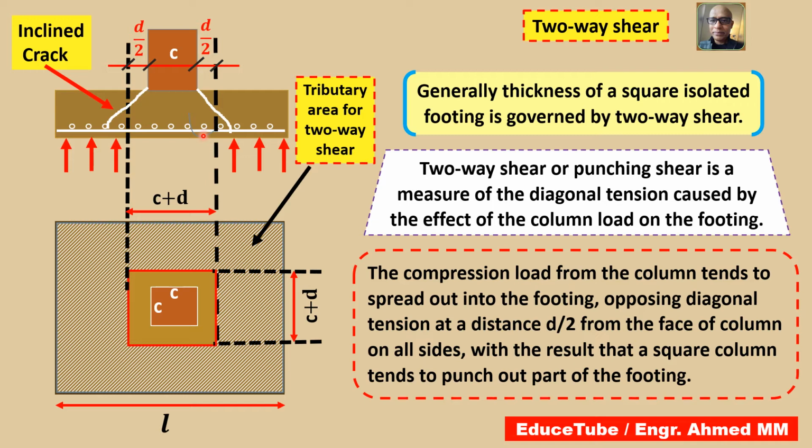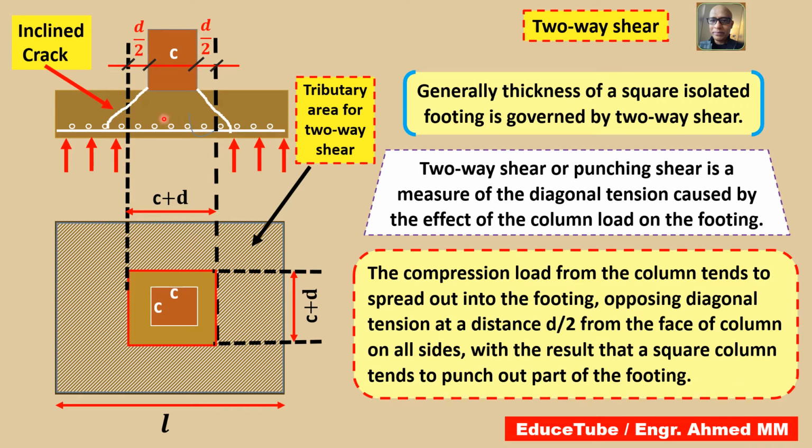The compression load from the column spreads out into the footing, opposing diagonal tension at a distance d by 2 from the face of the column on all sides, with the result that a square column tends to punch out part of the footing.